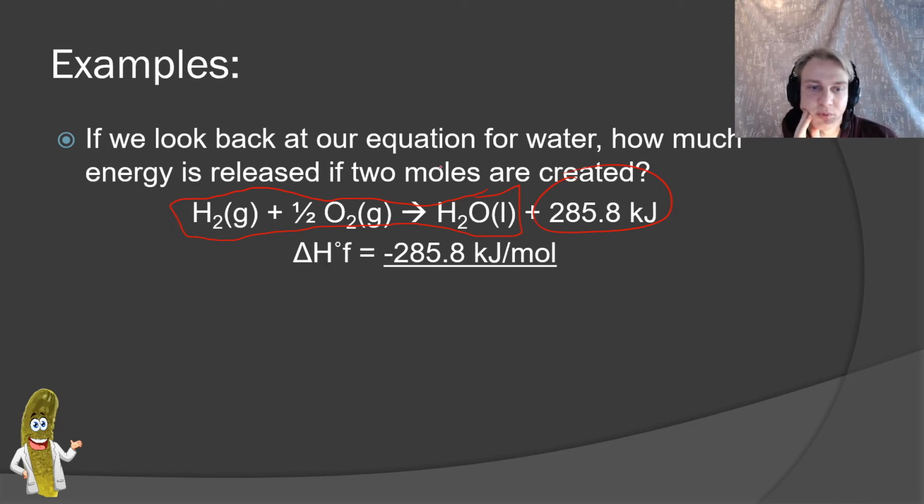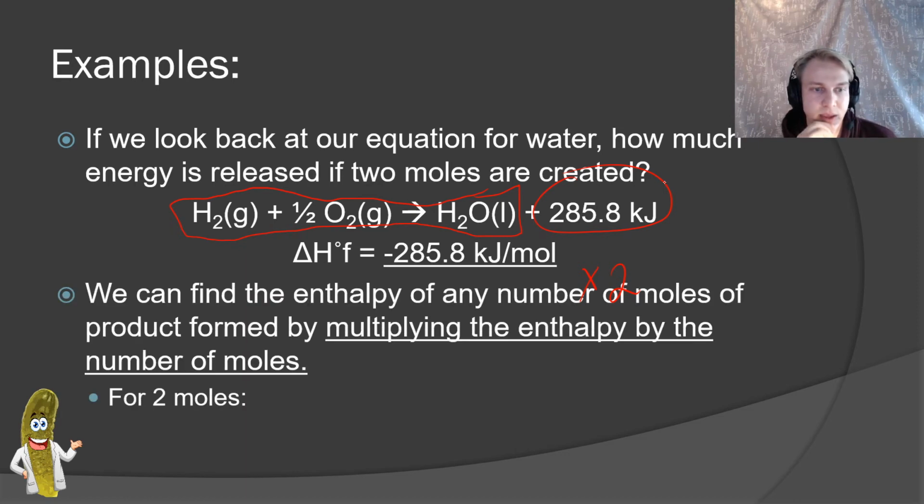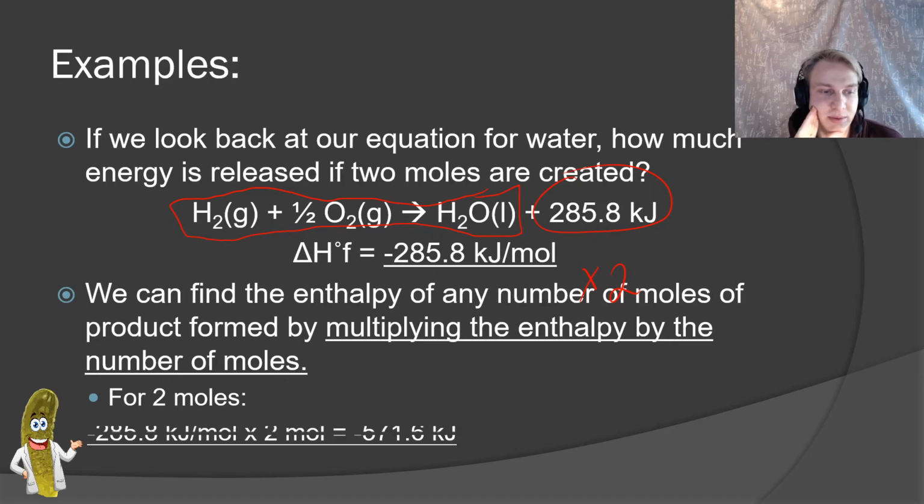If 2 moles of water are produced, we would need to multiply this number by 2. We can find the enthalpy of any number of moles of the product formed by multiplying the enthalpy by the number of moles. So if 2 moles of water were formed, we would get negative 571.6 kilojoules.